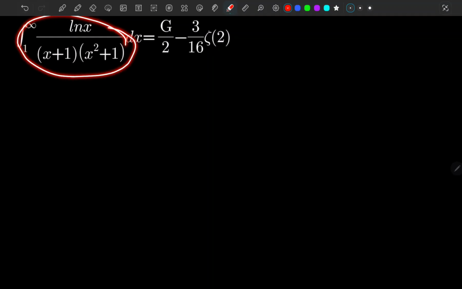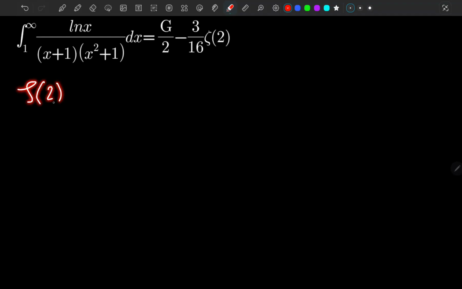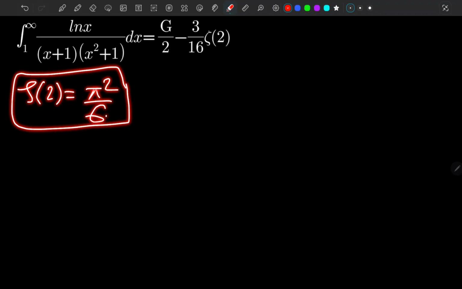So basically this integral evaluates to G over 2 minus 3 over 16 times Riemann zeta of 2. And we know that Riemann zeta of 2 is pi squared over 6. If you are not familiar with this, you can consider watching my video on Riemann zeta of 2, where I evaluated it using Fourier series.